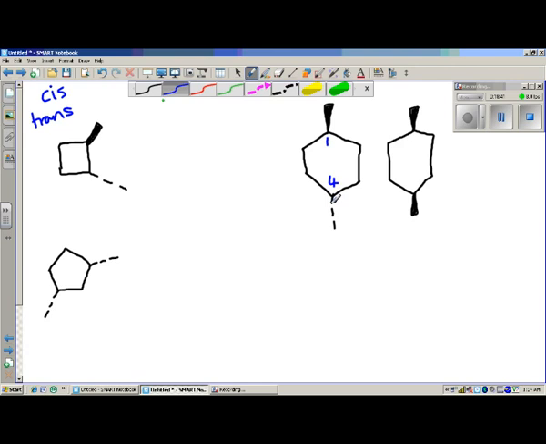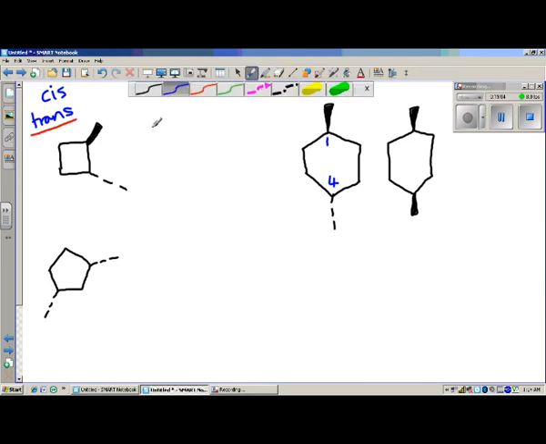Do you remember? Well, whether you remember or not, we haven't gone through this yet. One is cis and one is trans. When the two groups are pointing in opposite directions, as they are here, one wedge and one dash, those are trans. Trans meaning opposite.